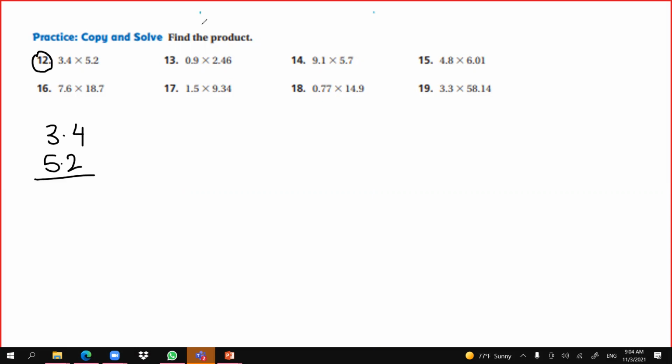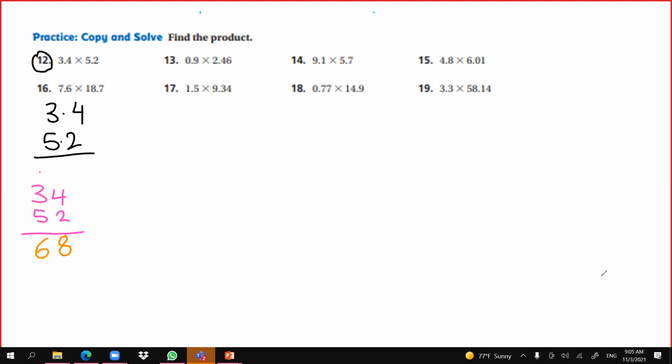So first deal with them as whole numbers. So you have to say it is 34 times 52. 2 times 4, 8. 2 times 3, 6.